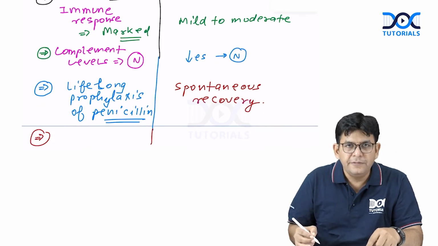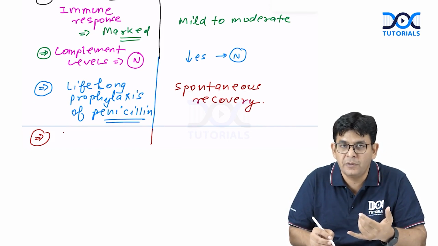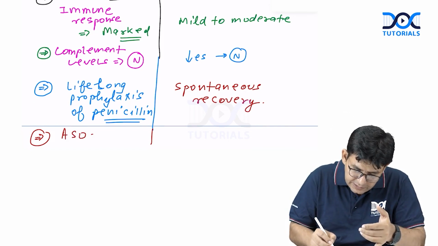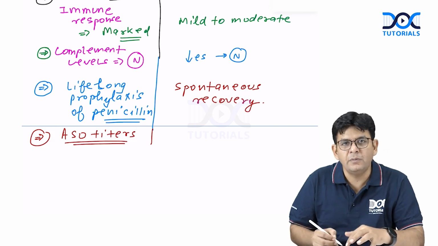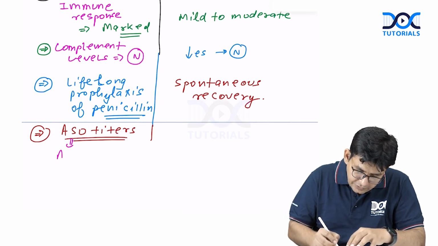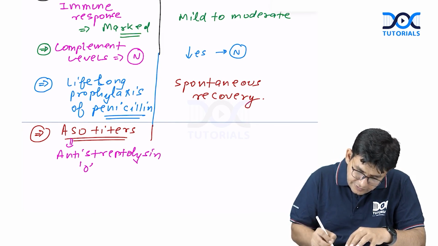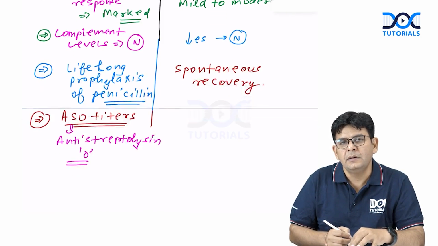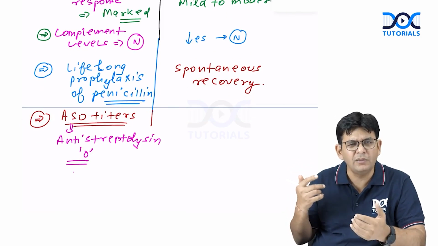In the case of ARF, ASO titers are looked out for. And what is ASO? ASO stands for anti-streptolysin O. Previously these titers were supporting criteria in Jones criteria, but now they are being excluded.